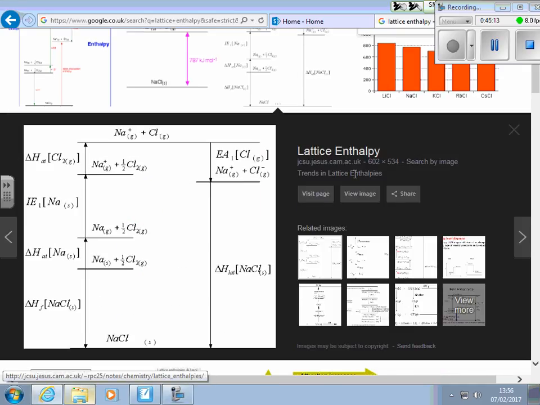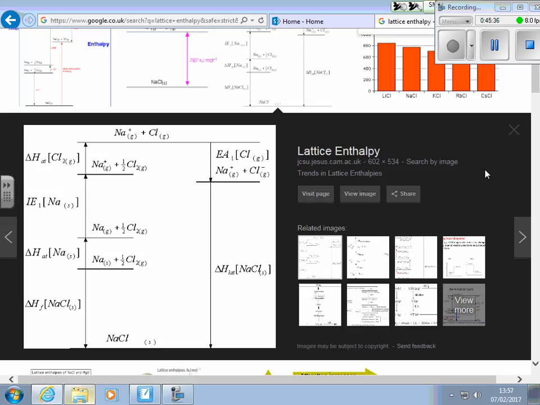Here's a sodium chloride one. You take each of the steps that we've been looking at, the atomization, the ionization, the electron affinity, and you put it together on this. This is just an energy diagram, but it's a much more complex one than we've had before. Some of the energy changes will be positive, in which case we move up the diagram. Others will be negative, so we come down the diagram.